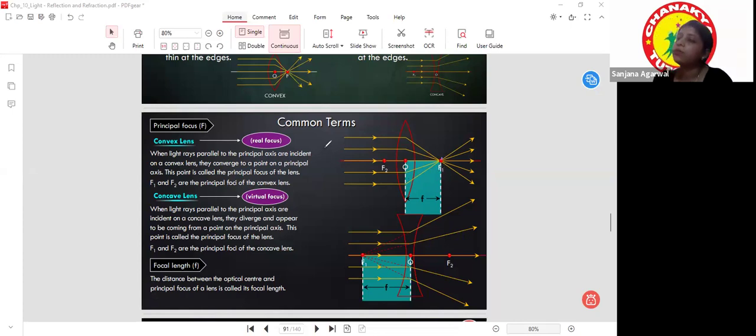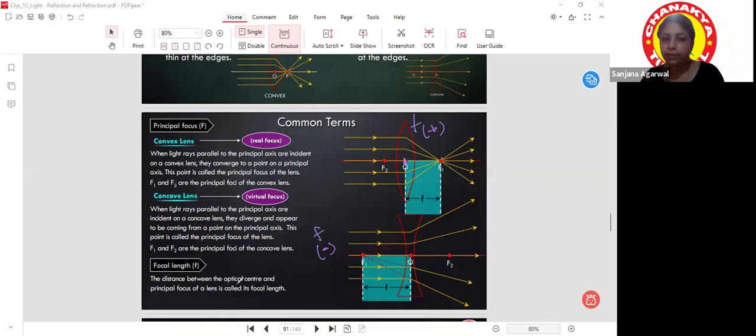And again, like in mirrors, where we used to measure all the distances from the pole, here we'll be taking all the distances from the optical center. This will be acting as our origin compared to the Cartesian plane. So like shown in the picture, the focal length of a convex lens will always be positive, and the image is obtained on the right side. The focal length of a concave lens will always be negative.